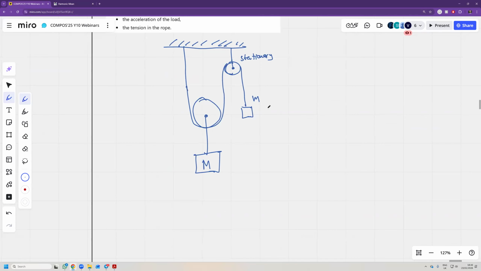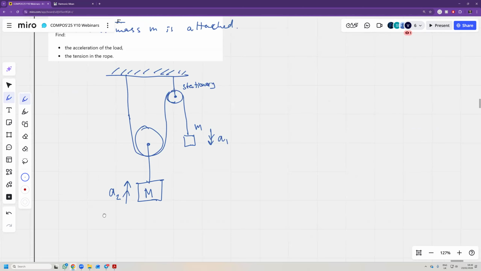So let's say that this one is accelerating downwards with acceleration A1, and this one is accelerating upwards with acceleration A2. But we already know that they have different accelerations because they're attached to the same rope, but this is attached to the same rope twice.